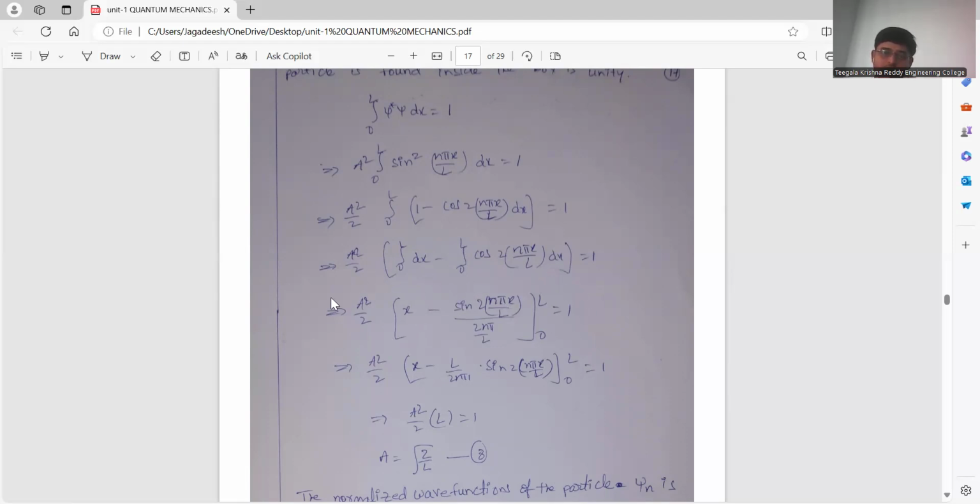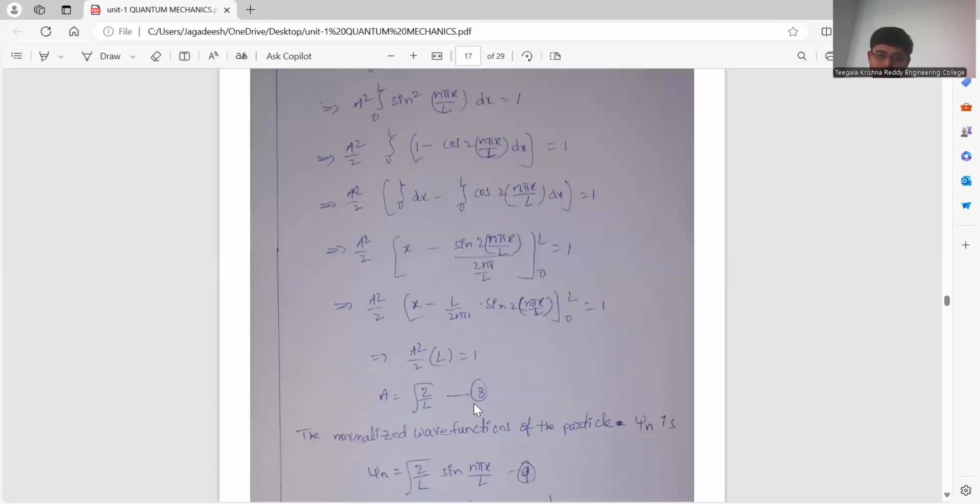The remaining is A square by 2 into x, and applying the limit 0 to L, we get A square by 2 into L equal to 1. Cross multiplying, A square equal to 2 by L, that is, A equal to under root of 2 by L. That is equation 8.